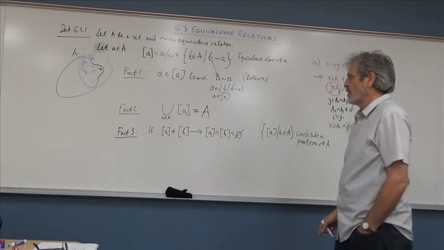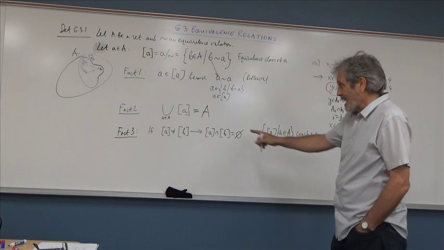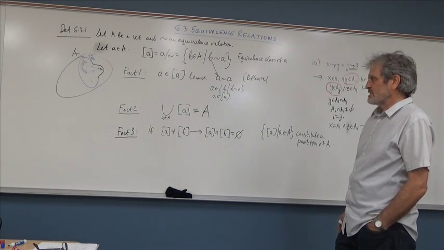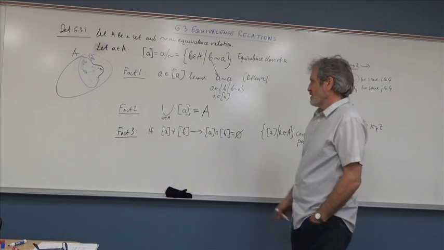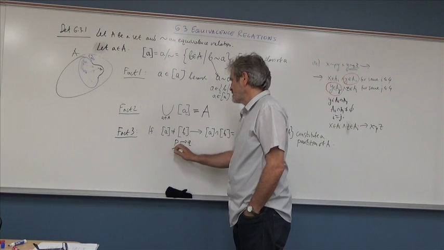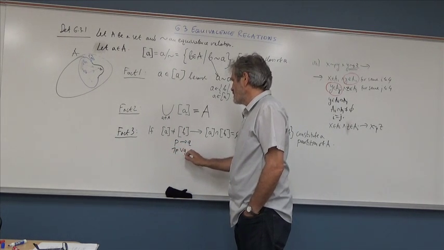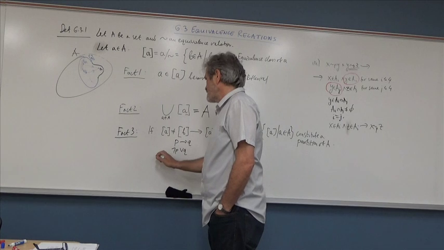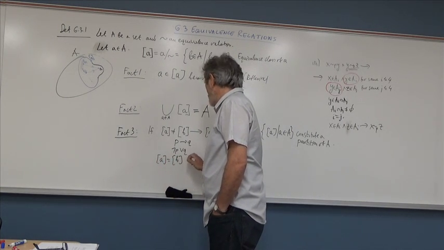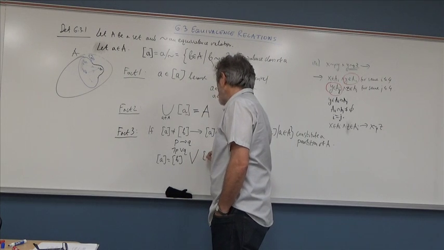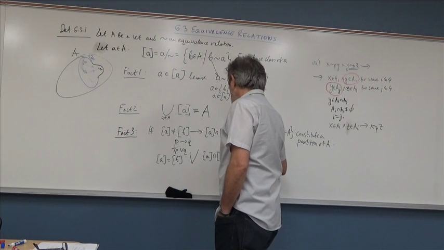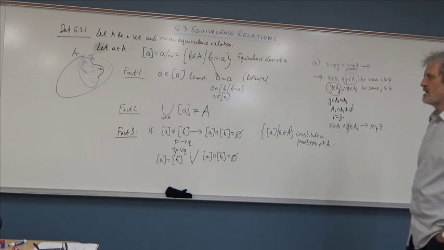There's never an overlap. Again, I didn't prove this yet, but let me play with it using our knowledge of logic. If I think of this as P implies Q, I can write it also as not P or Q. So that means for every two classes, either they are equal or they are disjoint. That might be a nicer way to say it.